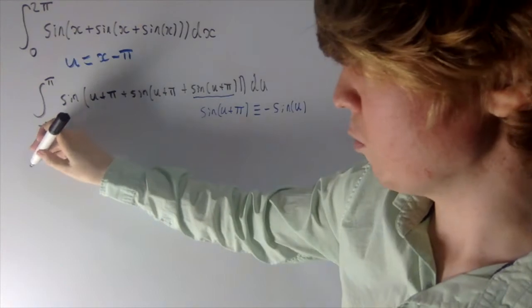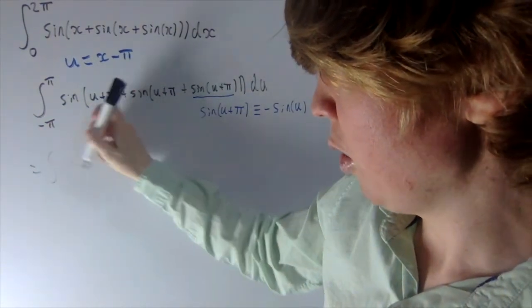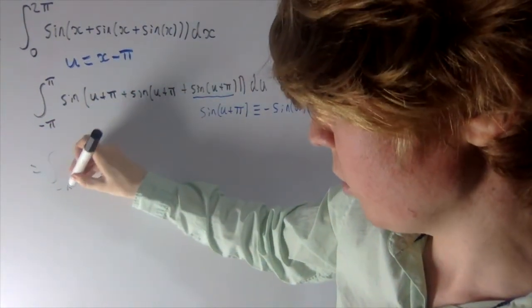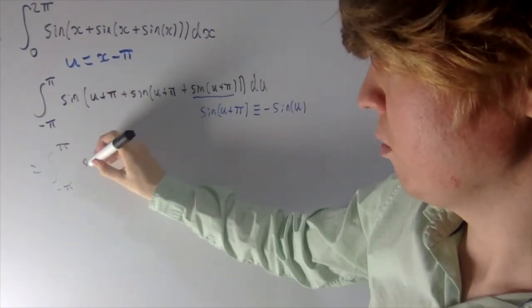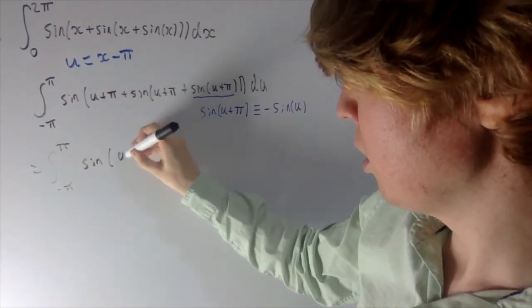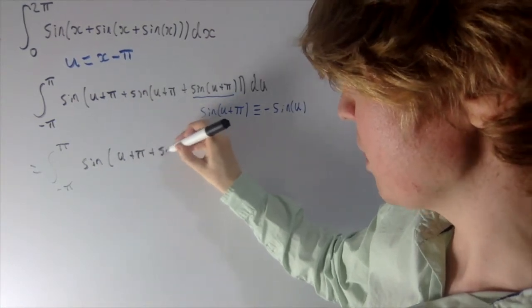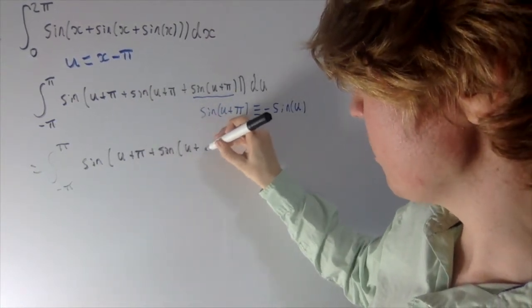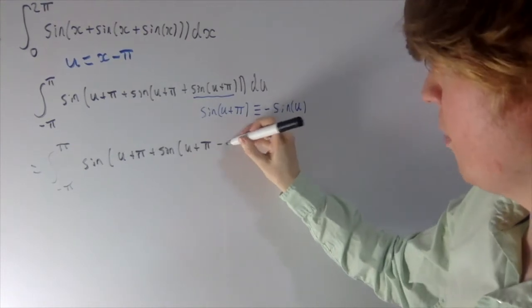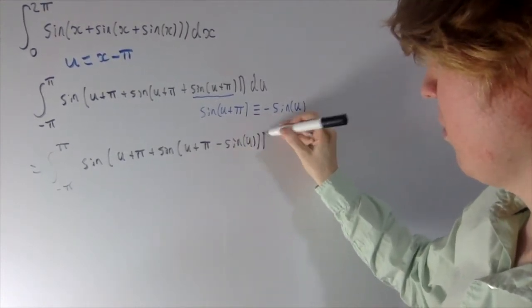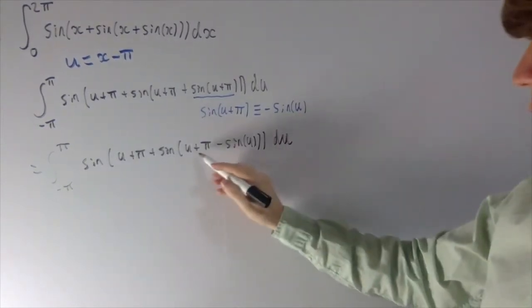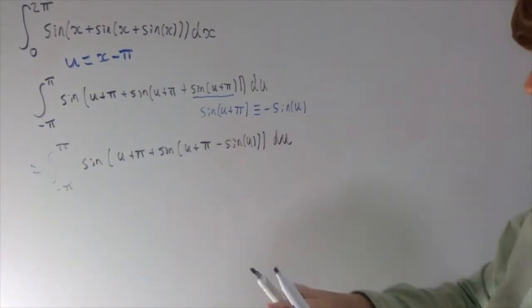So let's rewrite our integral again. Now we're integrating again between minus pi and pi. We've got sine of u plus pi, plus sine of u plus pi, but now minus sine u, du, and then we'll get rid of this pi here.